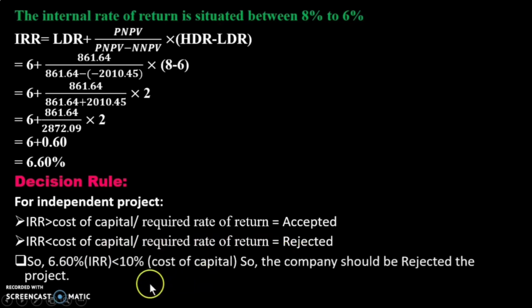In this project, the result is IRR 6.60% and cost of capital is 10%. So the IRR is less than cost of capital. So the company should reject the project because this is a loss project.